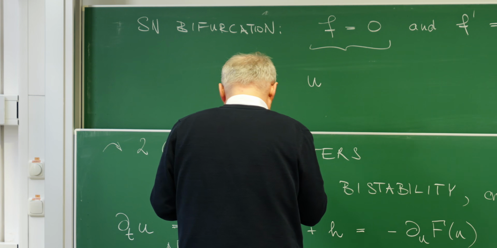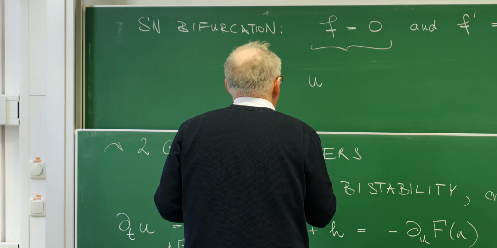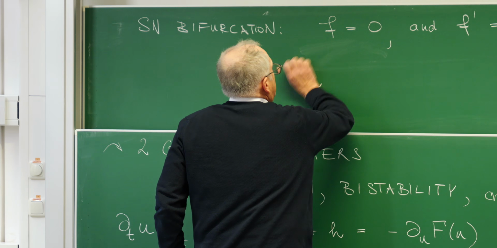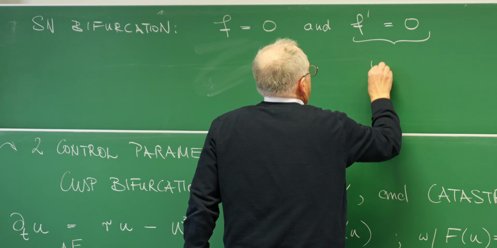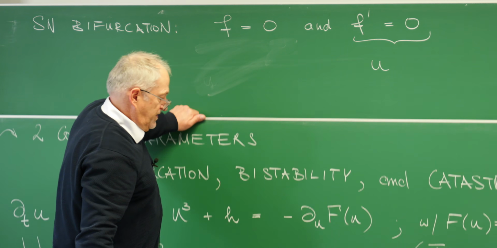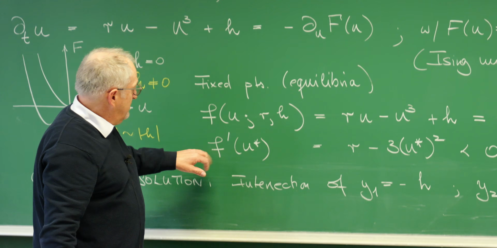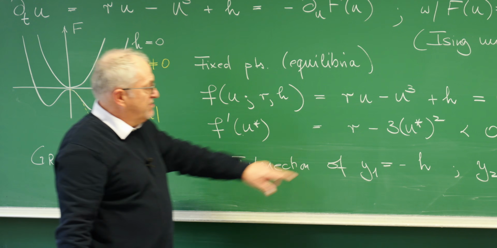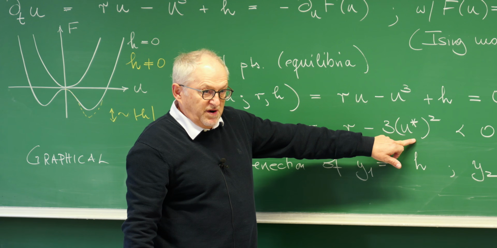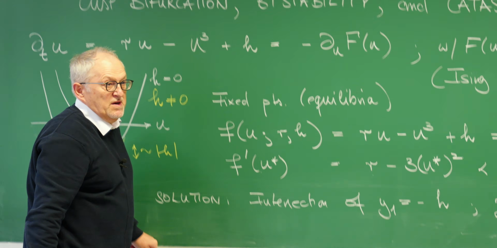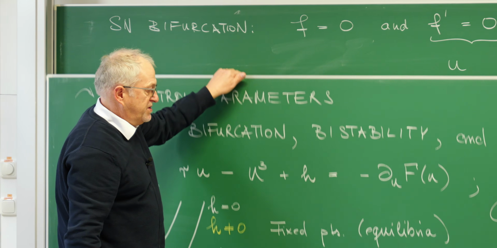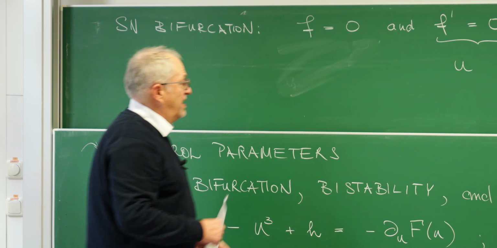So from f prime equal to 0, we can read this off here, sorry for that. From f prime equal to 0, you see that u star equals the square root of r over 3, and you have two options, plus or minus that value.